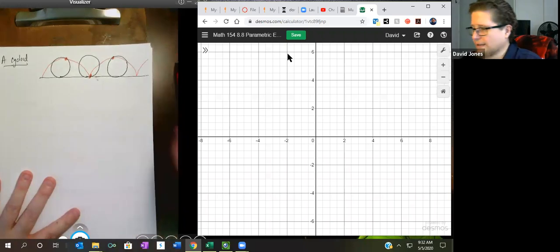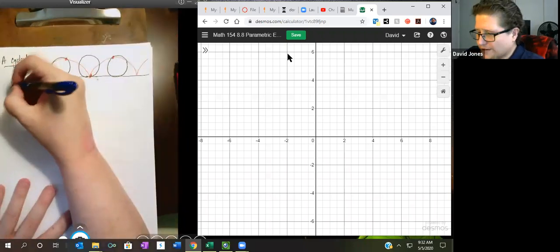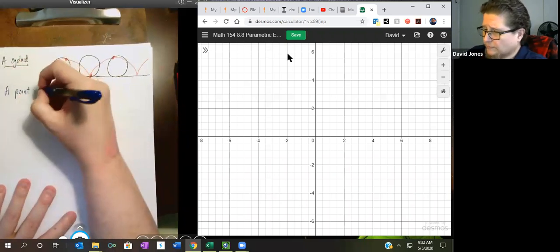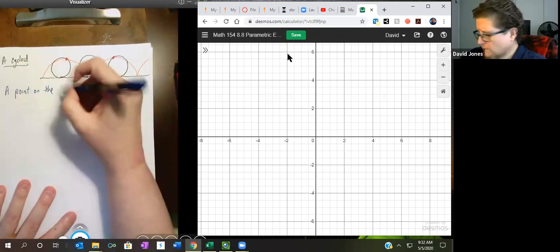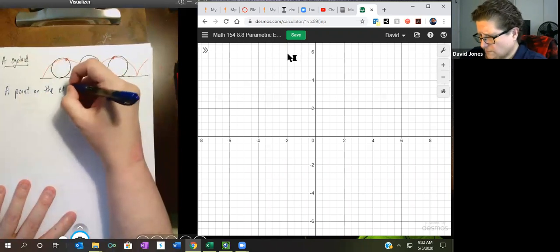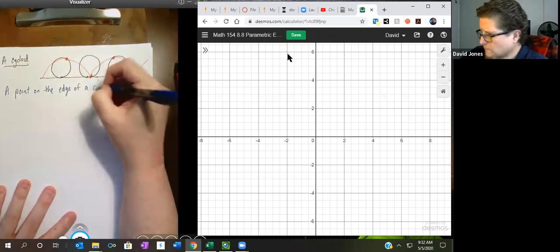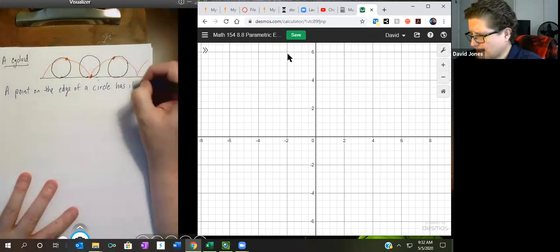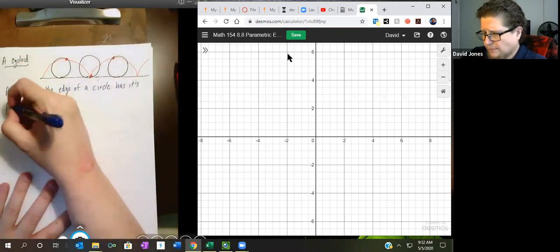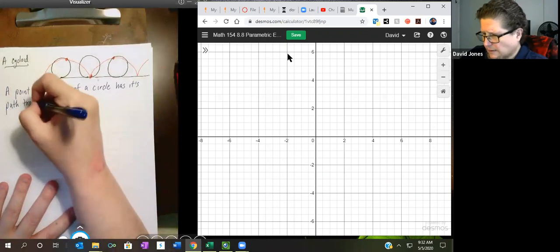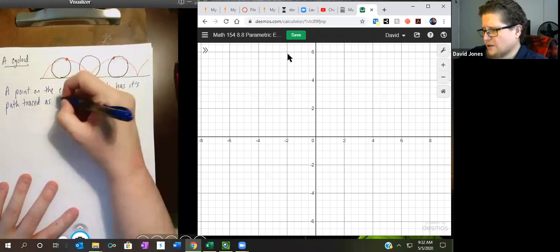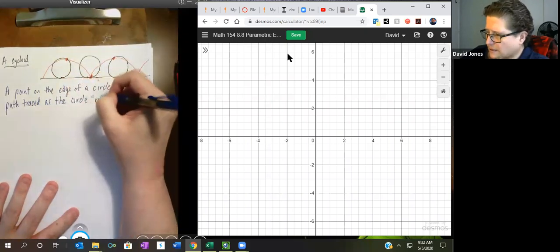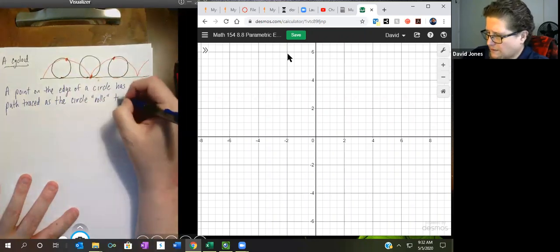So let me write the words for it. We've got a point on the edge of a circle that has its path traced as the circle rolls to the right, let's say.